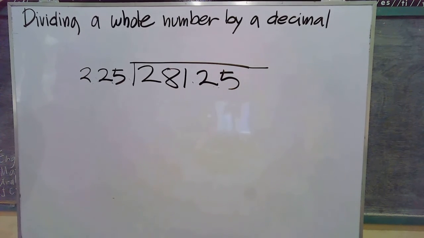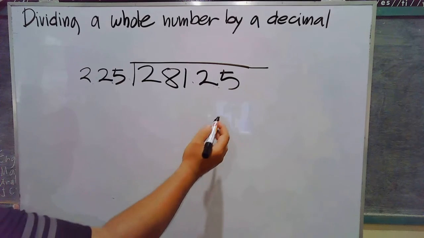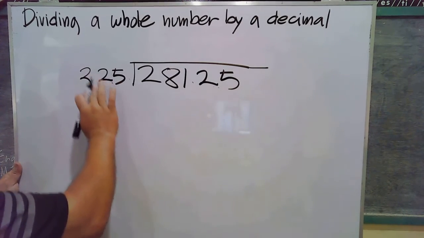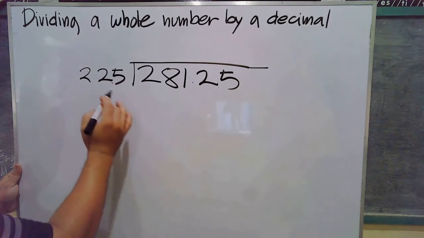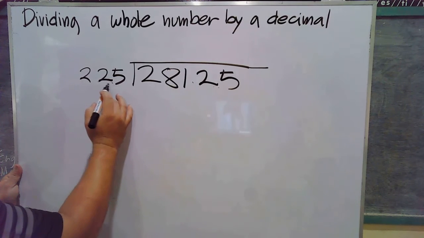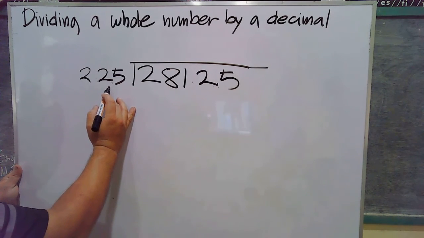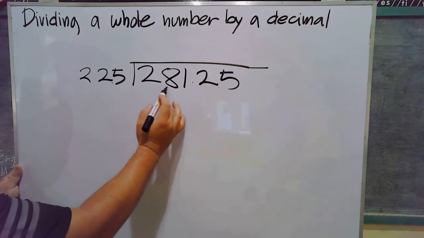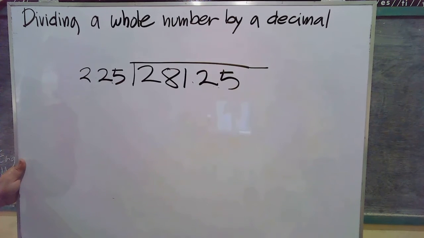We have 3 digits here, so we need also 3 digits here so that we can divide.